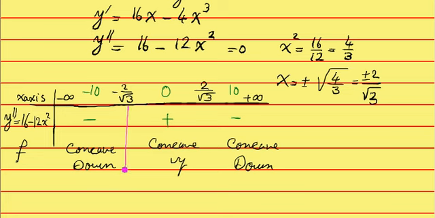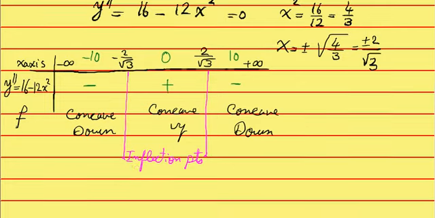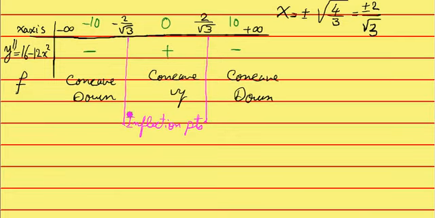We are switching from this sign to that sign at minus 2 over radical 3. Same thing happens here. So these two show the inflection points. I have x equal to plus or minus 2 over radical 3.